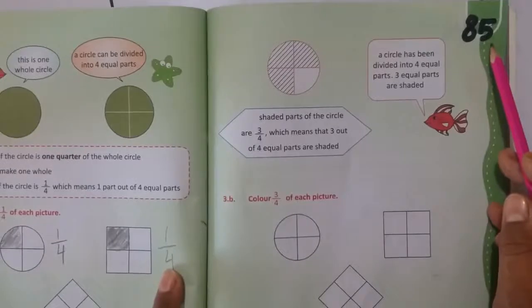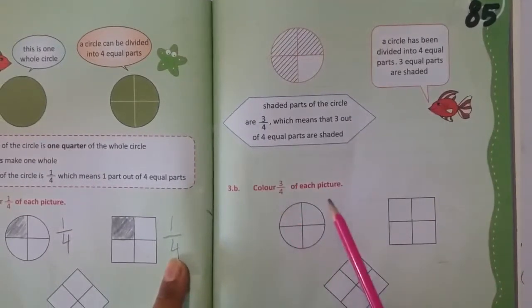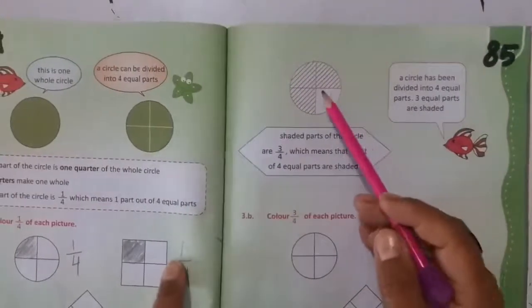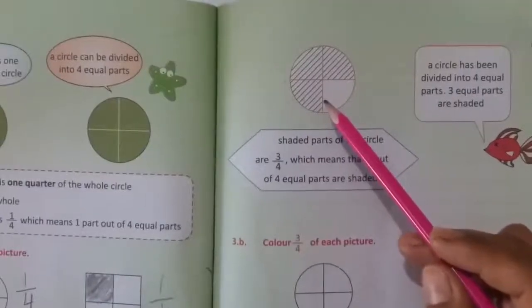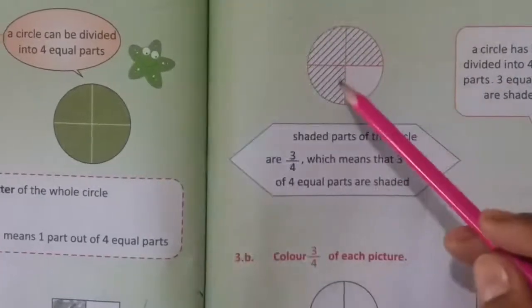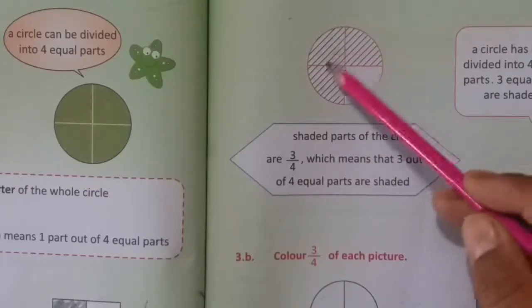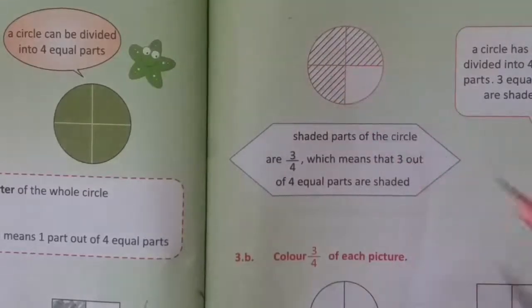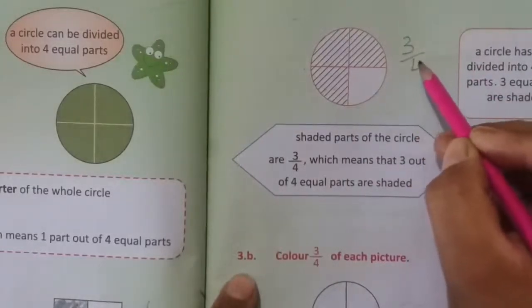Grade 1, now open up page 85 of your textbook. We will shade here again 3 quarter of a circle. 3 quarter means, as you can see in the picture, here we have shaded 1, 2, 3 parts. 3 parts of a circle are shaded. So the fraction will be 3 by 4.